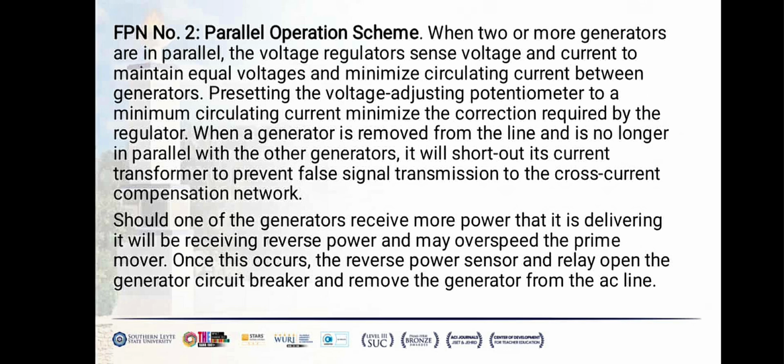So, for parallel operation, preset the voltage, adjusting the potentiometer to a minimum circulating current, minimizing the correction required by the regulator. When a generator is removed from the line and is no longer in parallel with the other generators, it will short out its current transformer to prevent false signal transmission to the cross current compensation network.